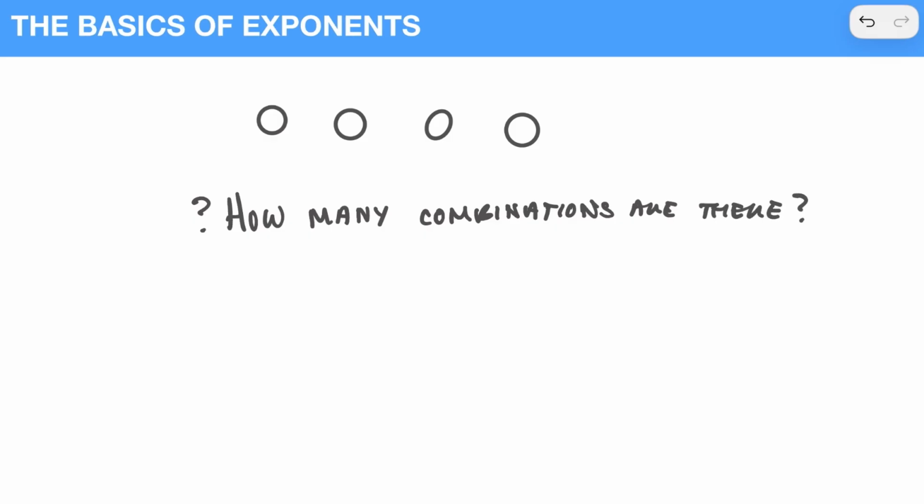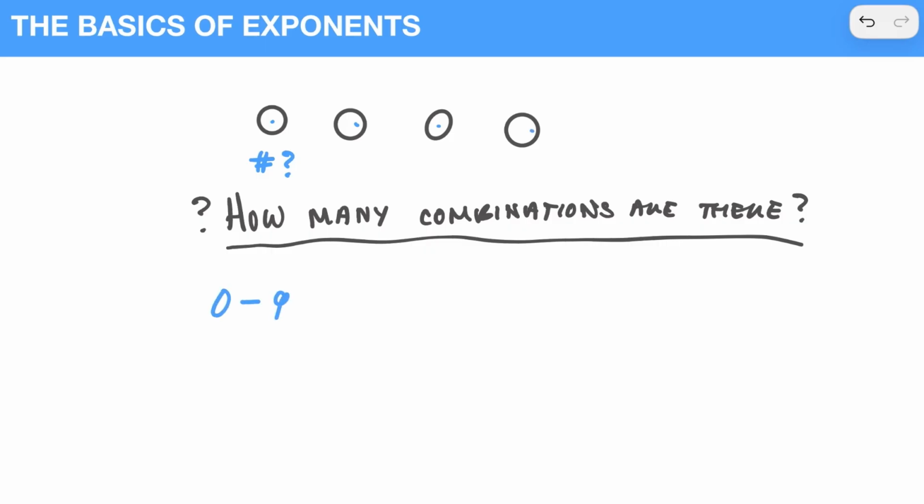Well, with exponents, we can figure this out. How? Well, how many different options do we have to put in each one of these places? Well, we have the digits 0 through 9, right? Now, that gives us 10 options.